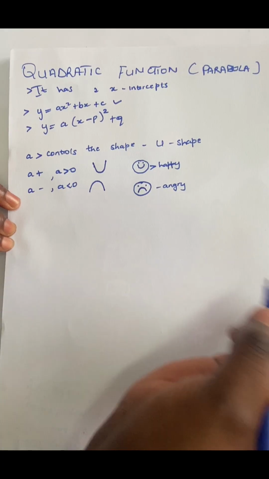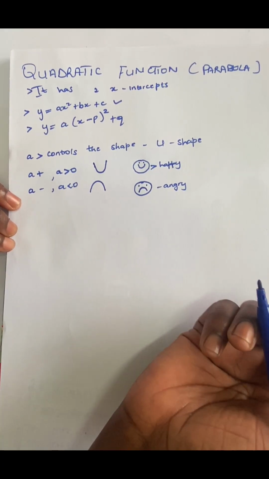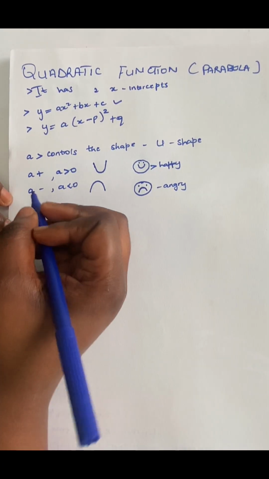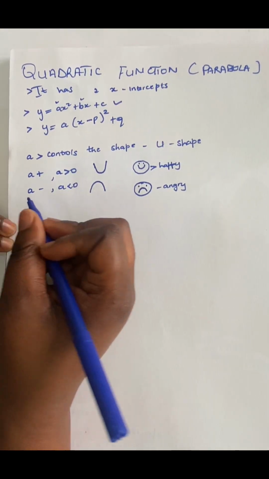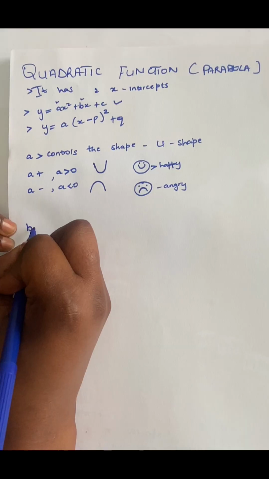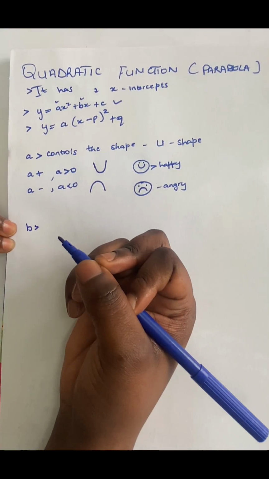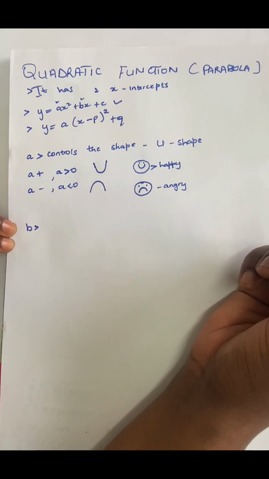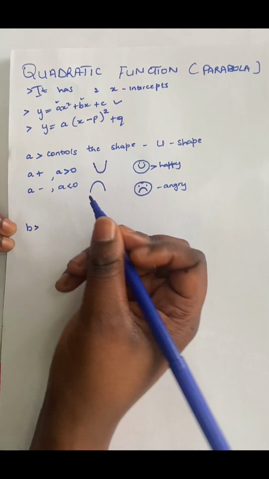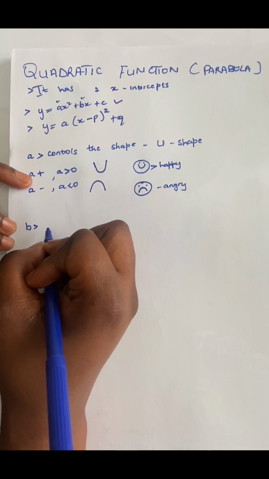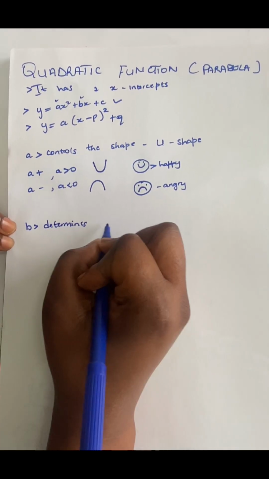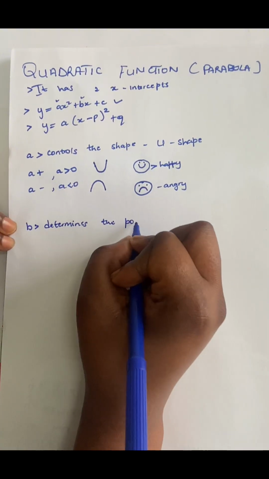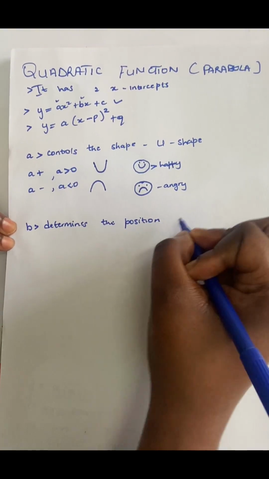All right, so you have your b. We're still talking about a, now we're on b. What does b do in a quadratic function? Your b determines the position of the graph.